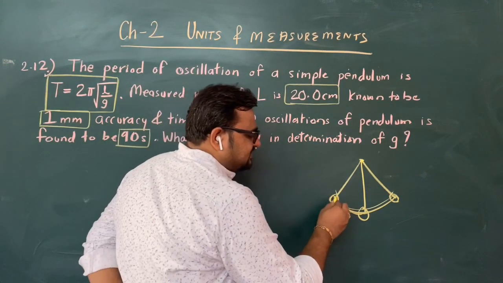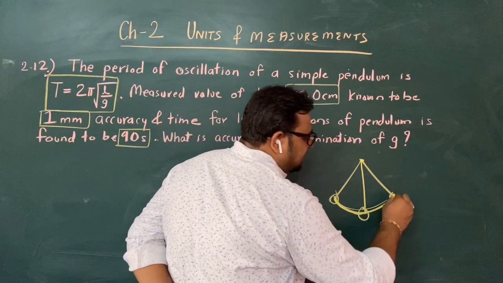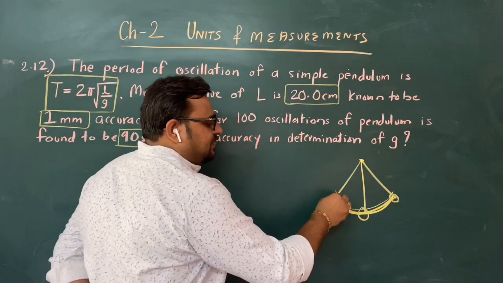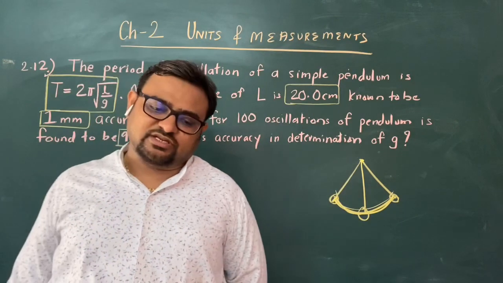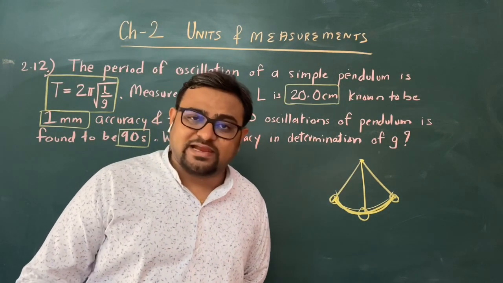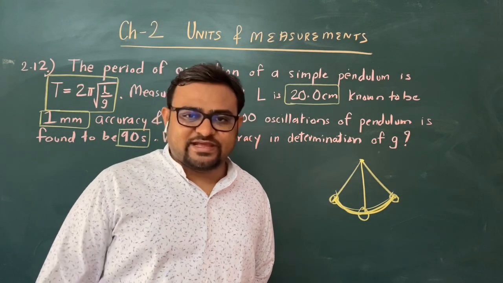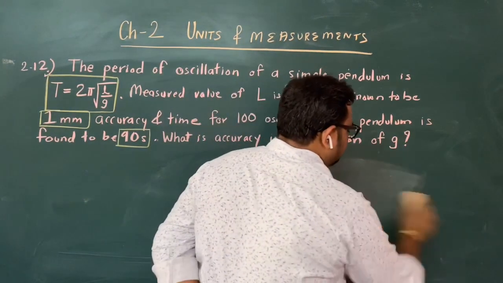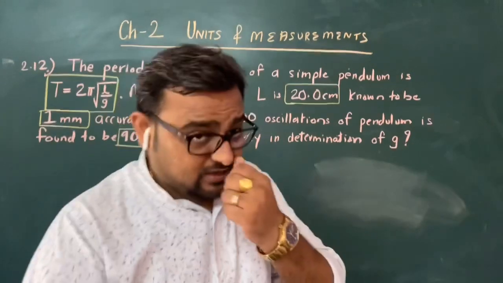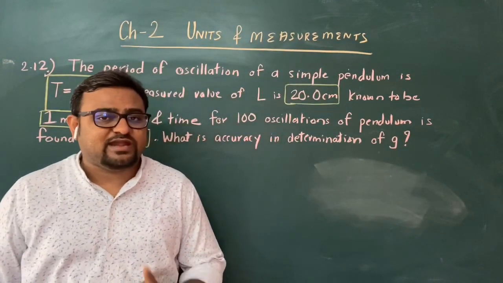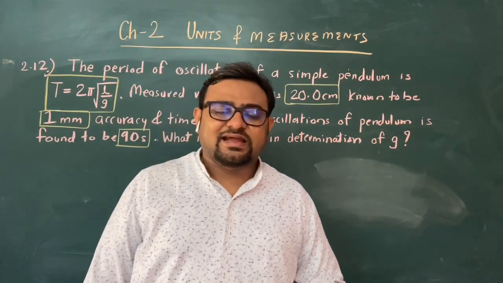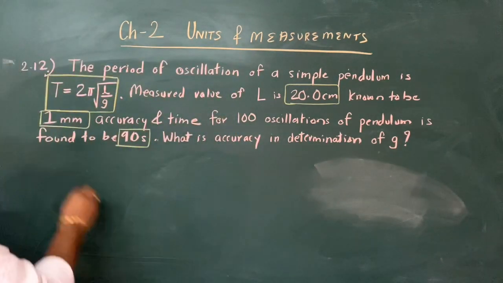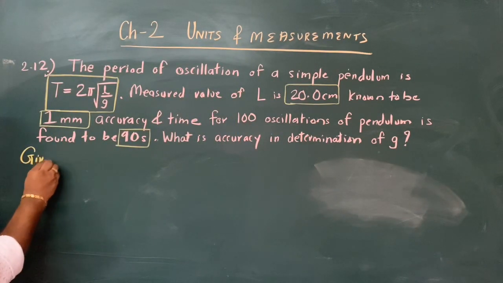Means if it starts from here, goes to this end, and comes back, this is one oscillation. So the time taken to complete one oscillation is the periodic time, and the symbol for periodic time we are taking as capital T. Okay, so first let's write down the given things.